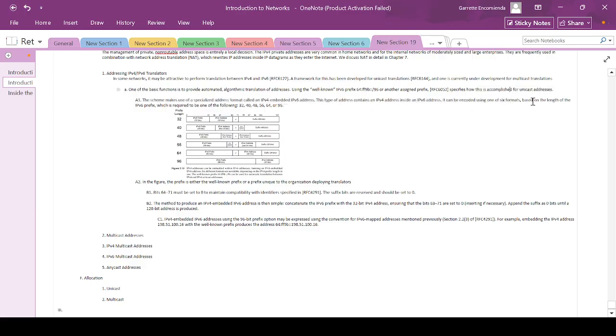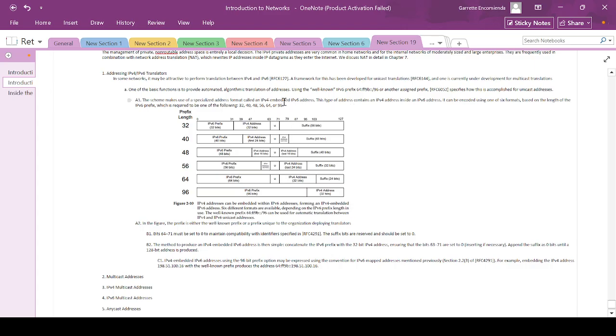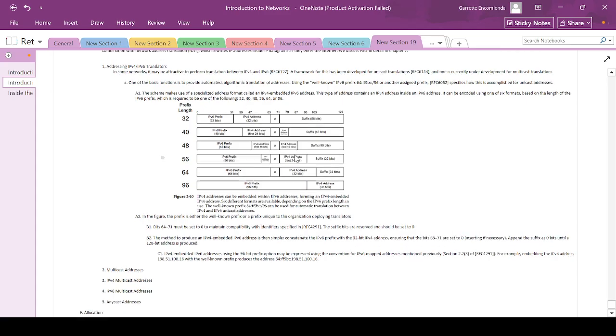It specifies how this is accomplished for unicast addresses. So this scheme makes use of a special address format called an IPv4-embedded IPv6 address. This type of address contains an IPv4 address inside an IPv6 address. It can be encoded using one of 6 formats based on the length of the IPv6 prefix, which is required to be one of the following: 32, 40, 48, 56, 64, 96.